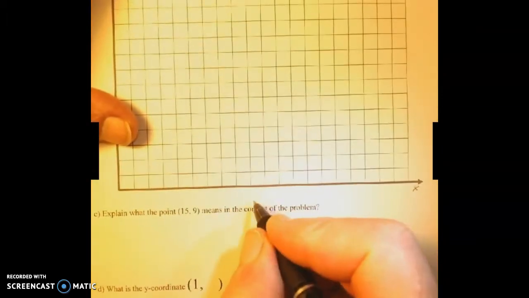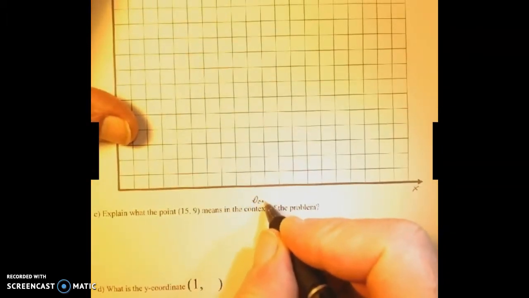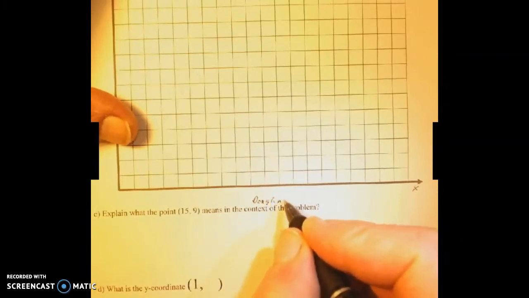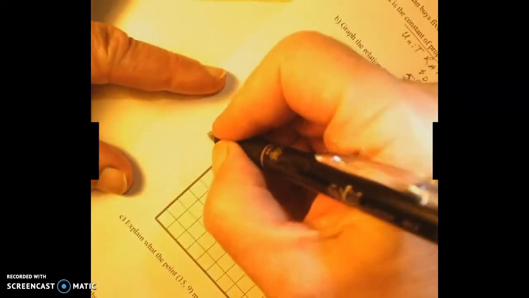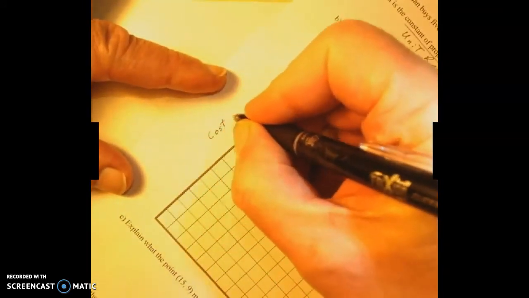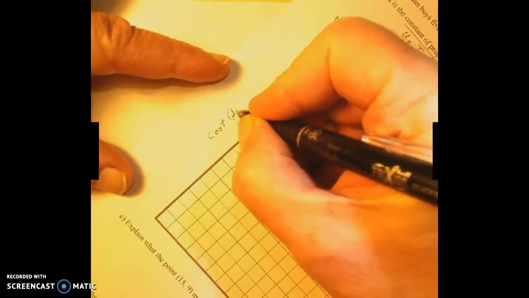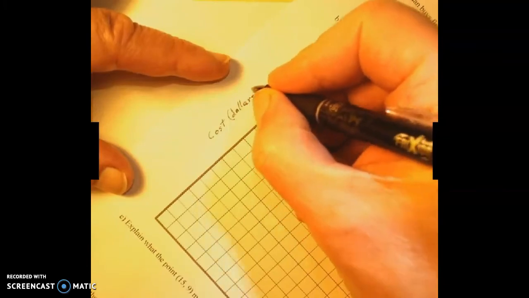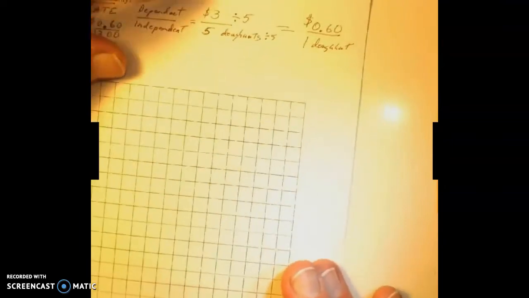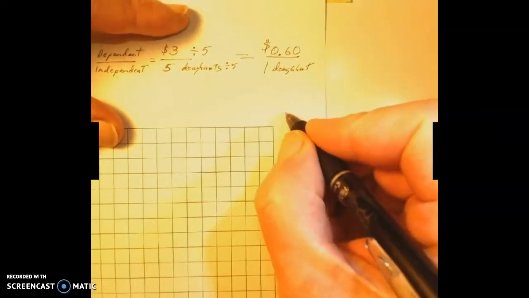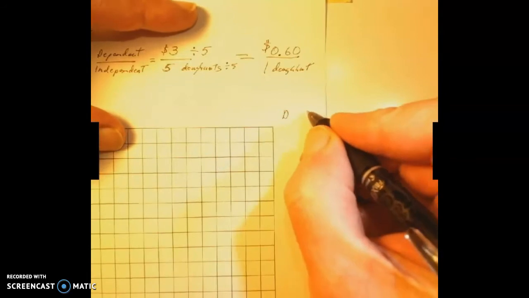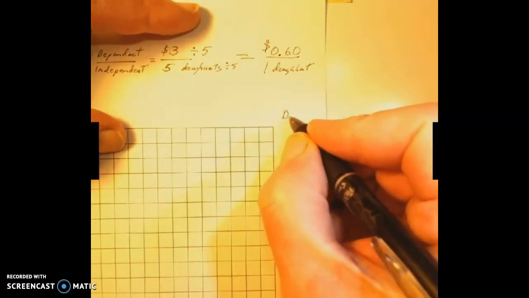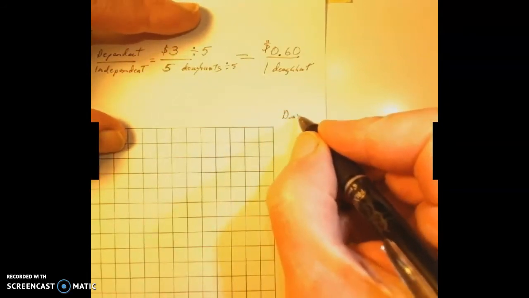So our x-axis is going to be our donuts, and our y-axis is going to be our cost, and normally you put it in parentheses saying that, hey, this is dollars. So the cost in dollars is our y-axis. Make a quick table off here to the side. I'm going to just abbreviate. It's going to be donuts. I shouldn't abbreviate. Okay, I'll shorten it up.